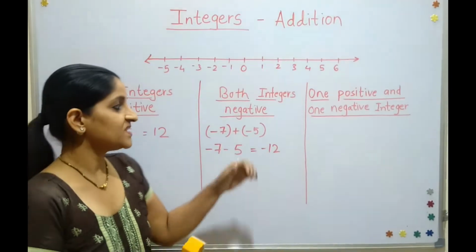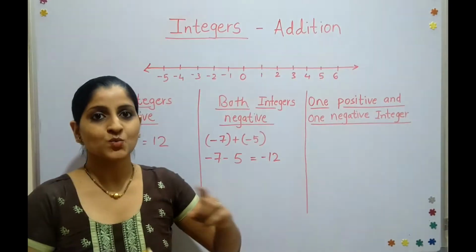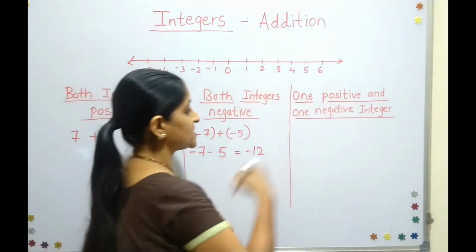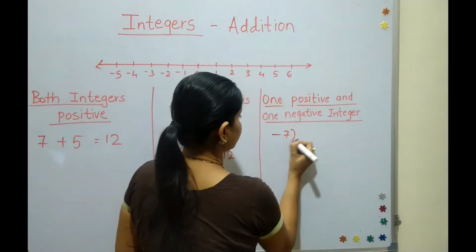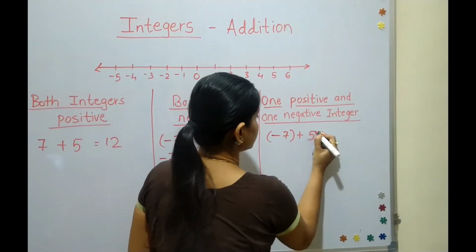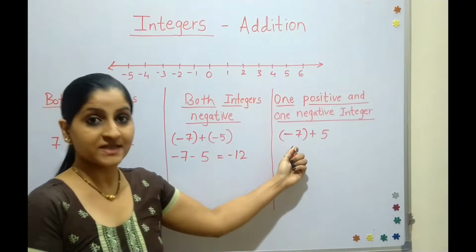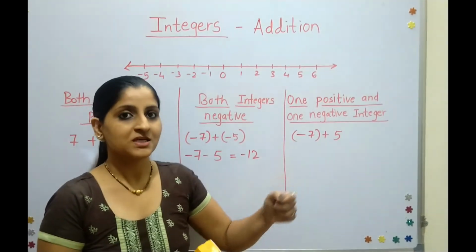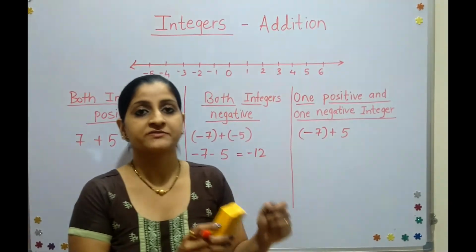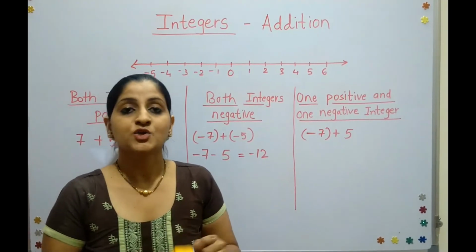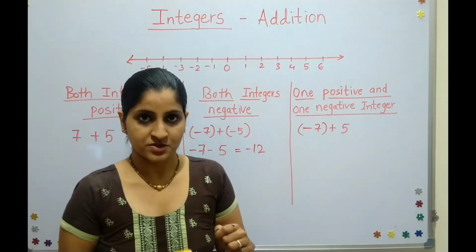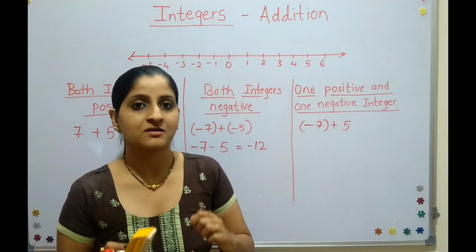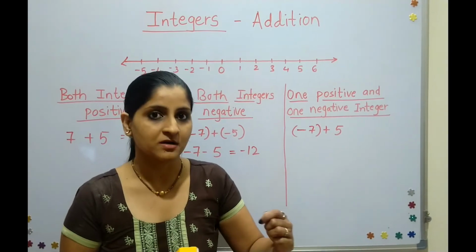Now we will see the same numbers, but in this case one integer will be positive and the other one will be negative. Suppose I take negative 7 plus 5. So here 7 is negative but 5 is positive. What happens in this case is when one integer is positive and one integer is negative, you have to subtract the integers, the way you normally subtract. You always subtract a smaller number from a bigger number.